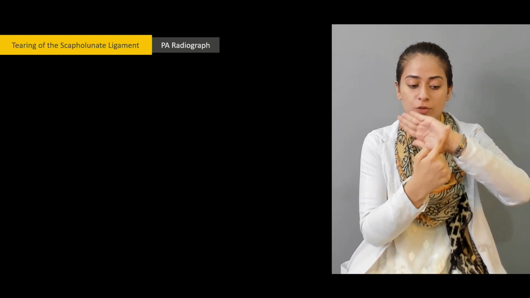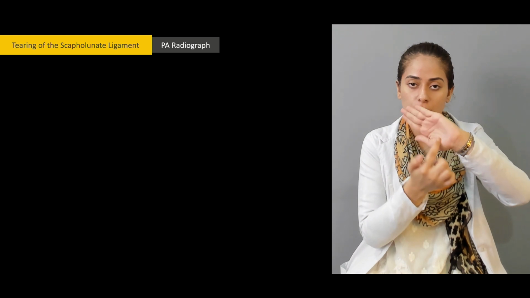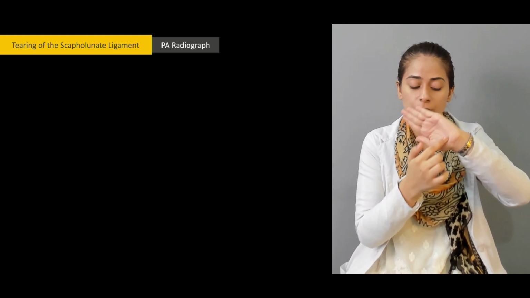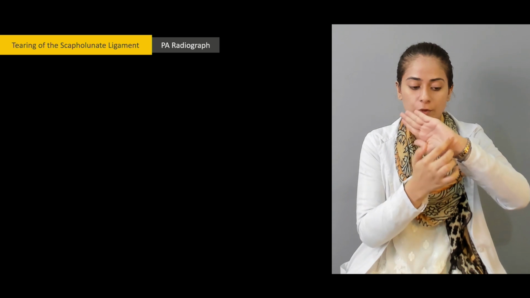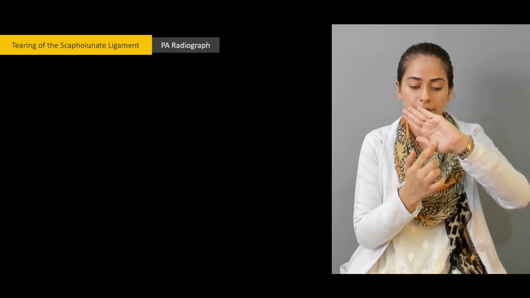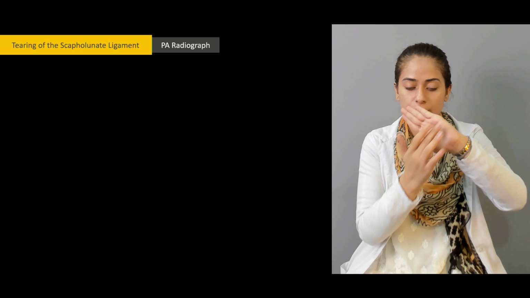So the lower bones, the scaphoid to the pisiform, are moving away, and the upper row is moving towards, from trapezium to hamate. The upper row is moving towards the movement direction.